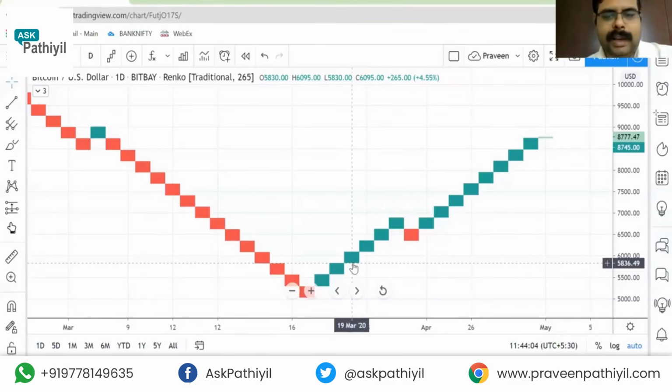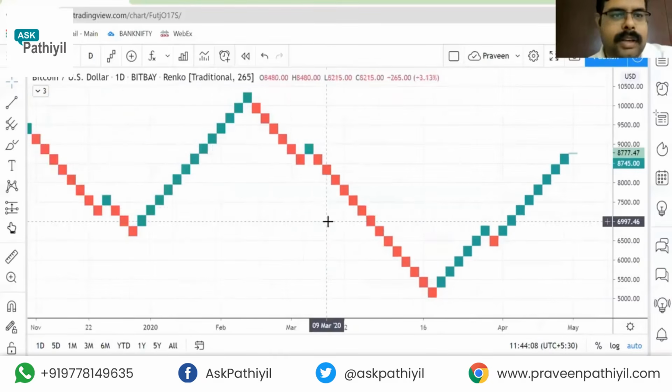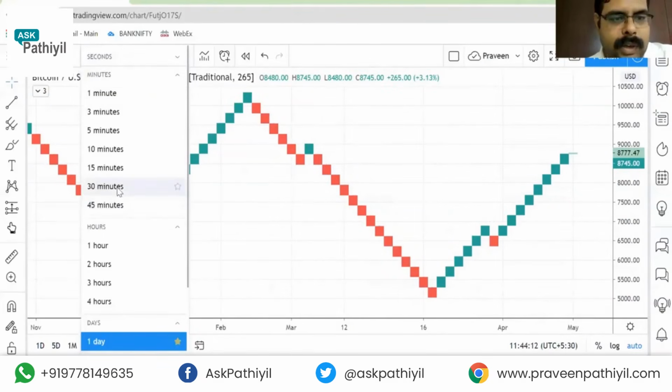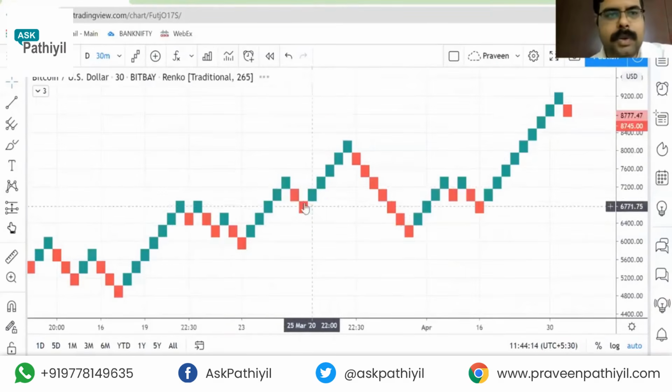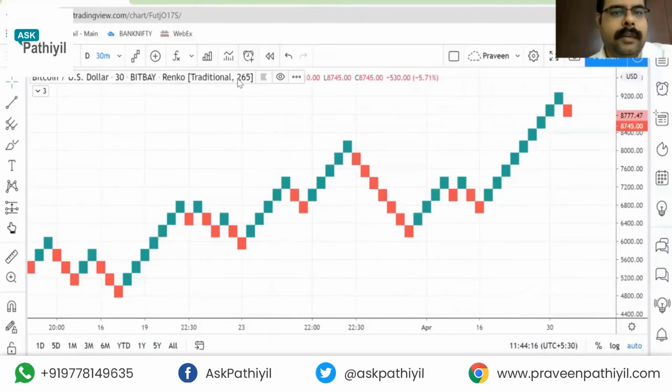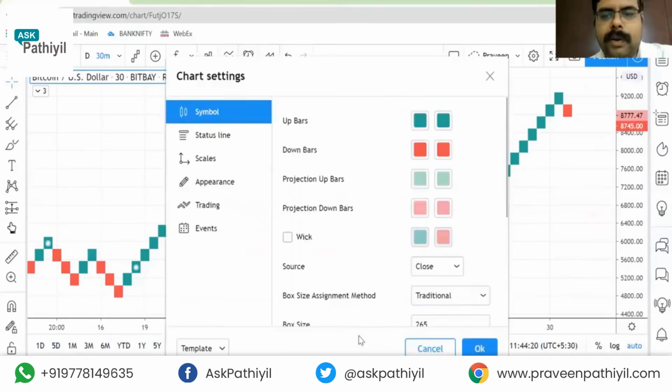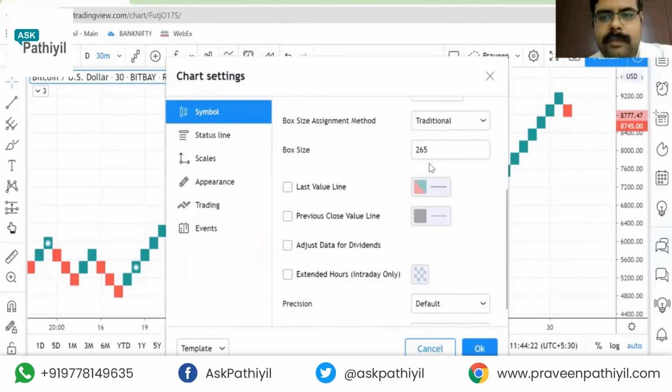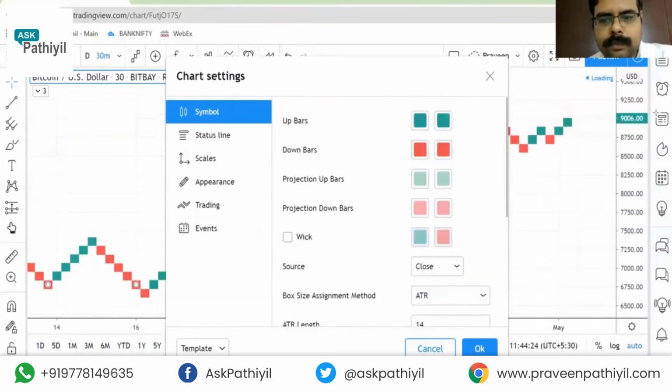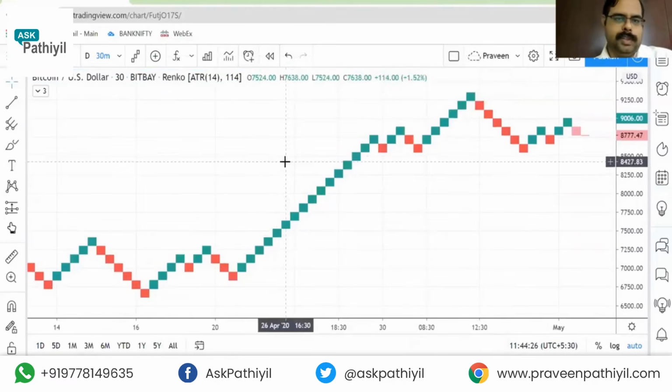So what exactly we are going to do here is very simple. It is not about the time frame. You can apply this particular thing in any different time frame. Just going to the 30-minute, defining the brick size is all important. Now first I need to go and find out what the ATR 14 value is with respect to the 30-minute chart.